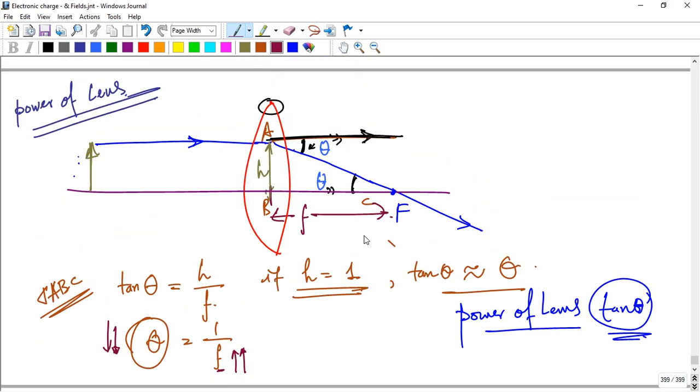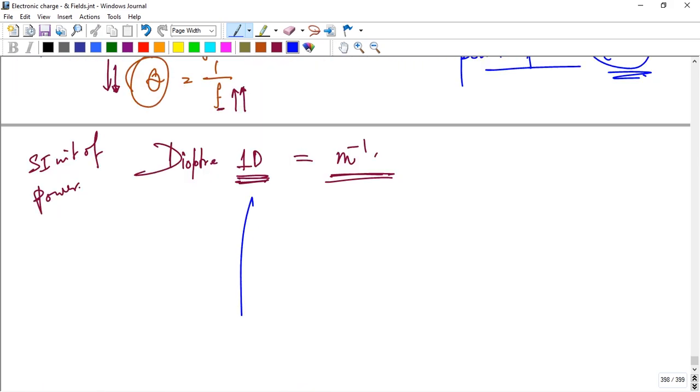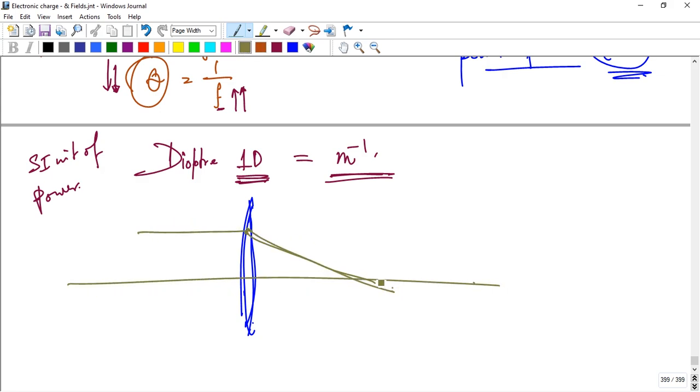Look carefully: if the lens is very thin, then the bending, theta, is very less. If I take the straight path, this theta is less, and if theta is less, the power is also less.